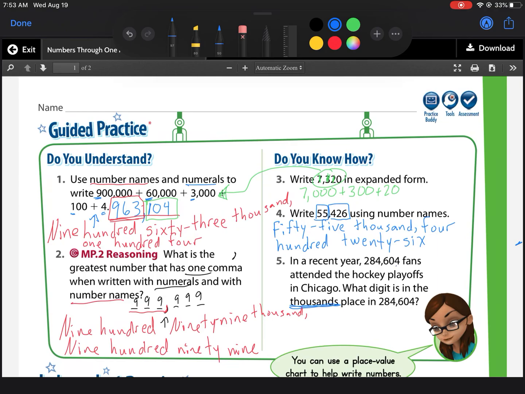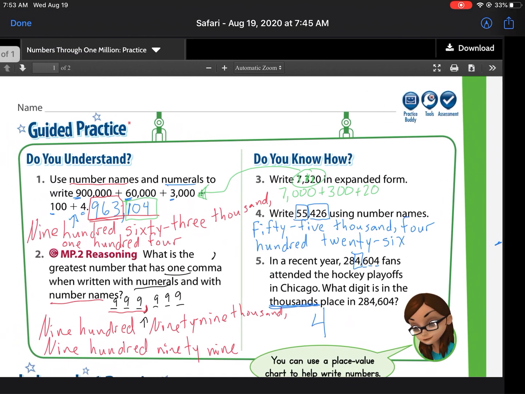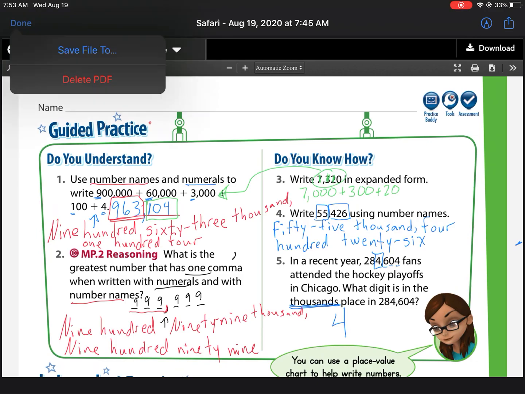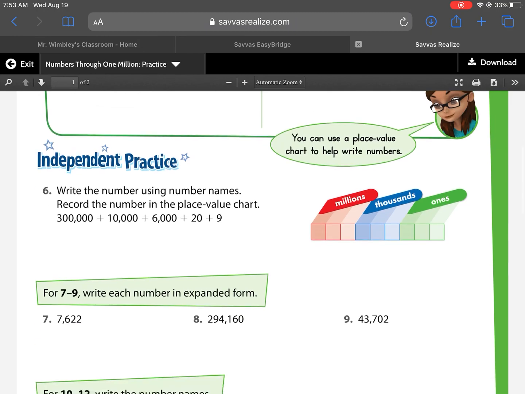Remember, we have ones, tens, hundreds, thousands. So it's asking what digit is that. I see that as a 4. So a 4 is in my thousands place value. Okay, let's head to our next one. Okay, heading on down.